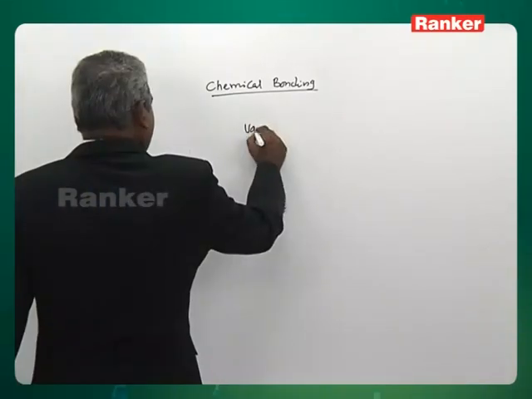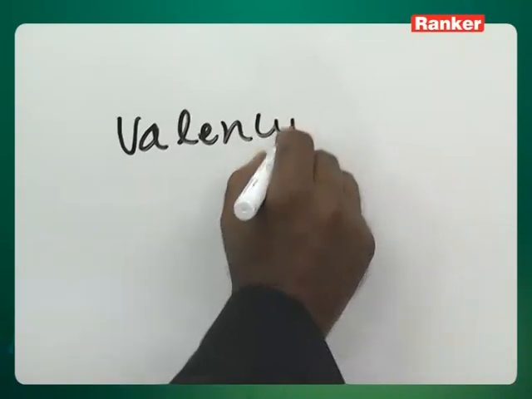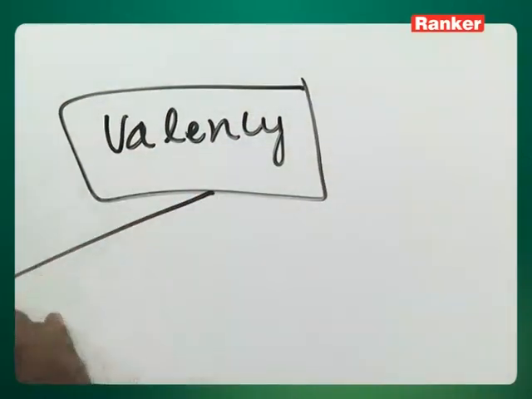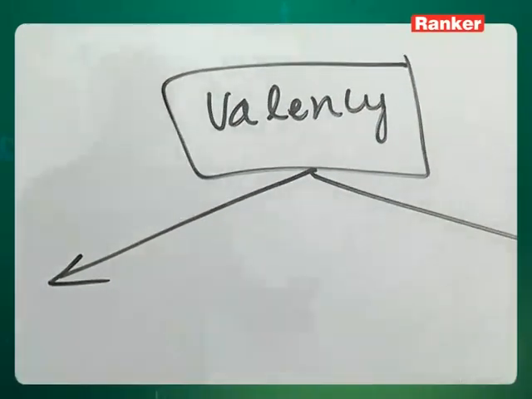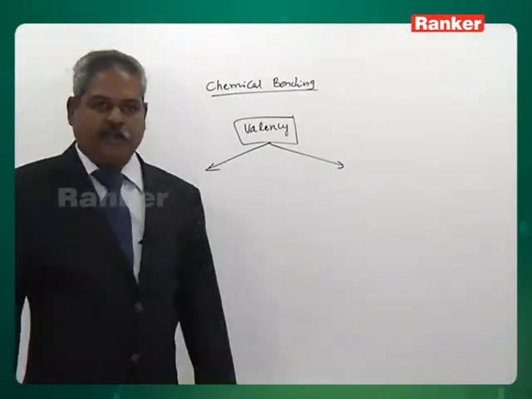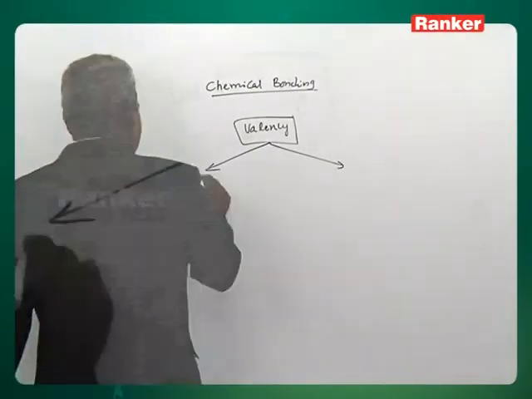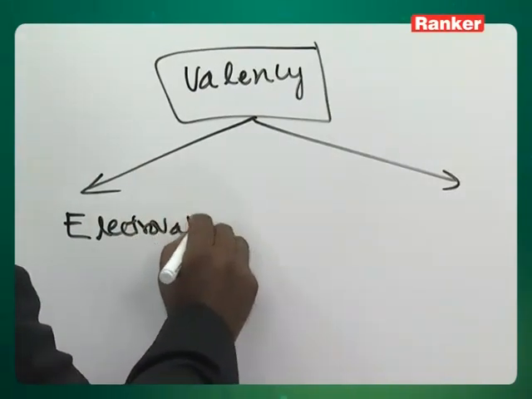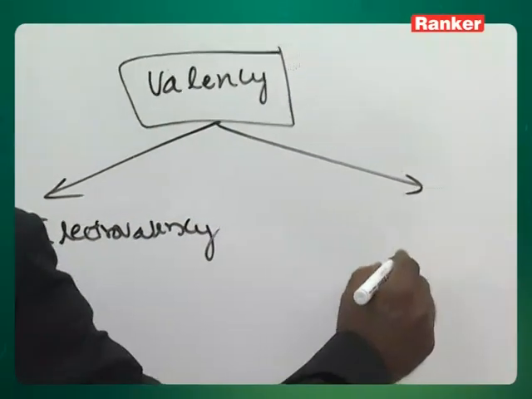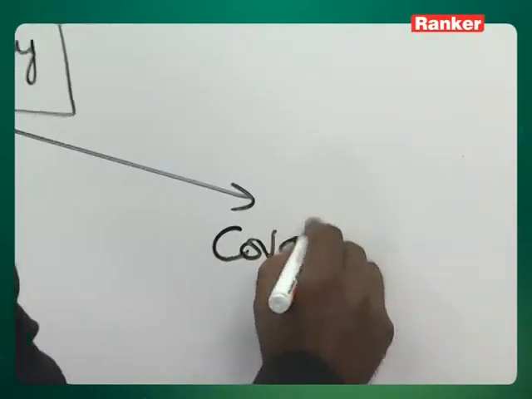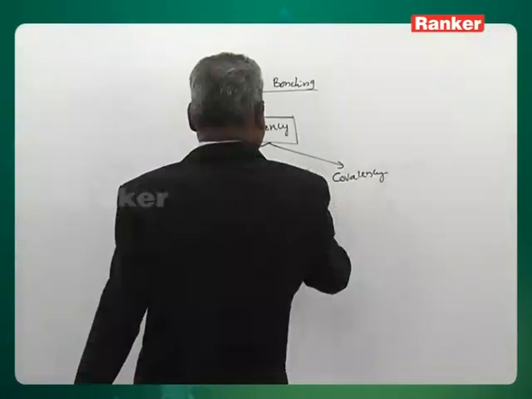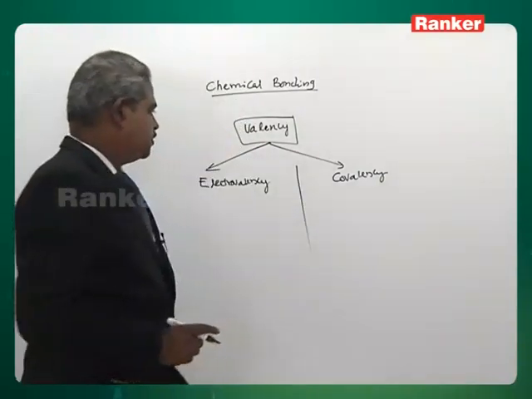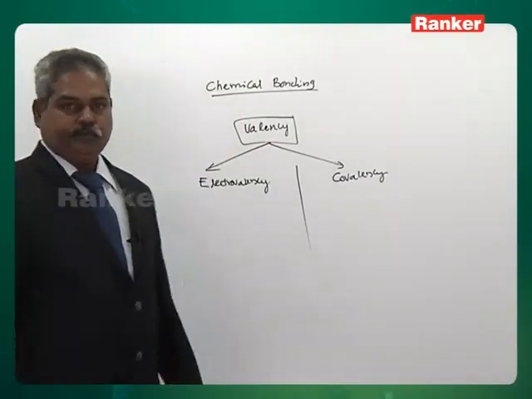Next. Valency is of 2 types. One is electrovalency, the other is covalency.